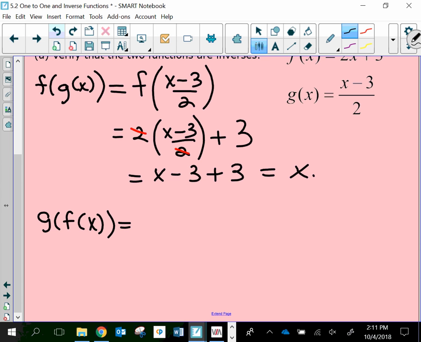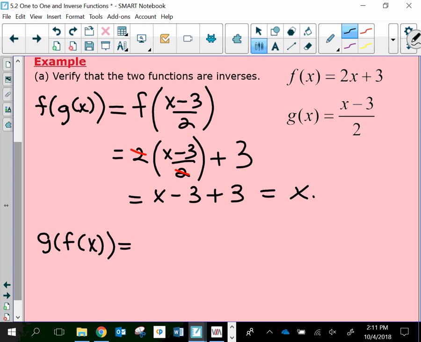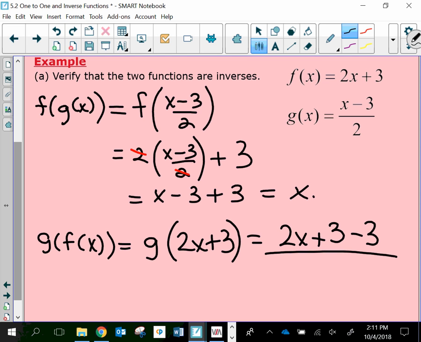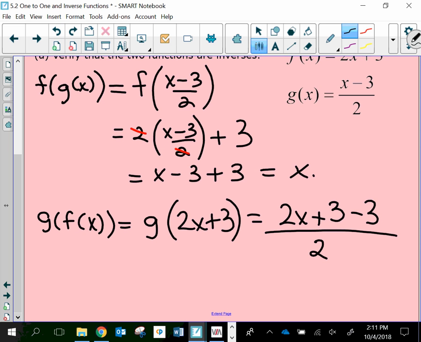All right, start me off here, Ainsley. Okay, so it's 2x plus 3. First, g of 2x plus 3 is equal to 2x plus 3 minus 3 all over 2. Okay, very good. So then you can cancel your 3, so 2x over 2, and that's x.